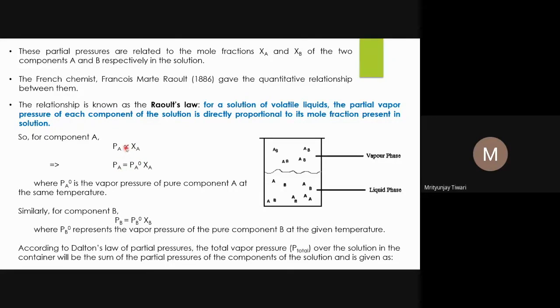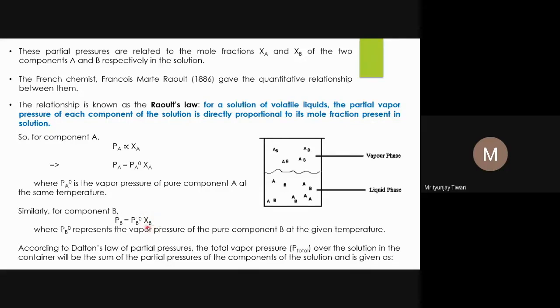This means that PA, the partial pressure of A, is equal to a proportionality constant times the mole fraction of A in the solution phase. Similarly, for the other component, the partial pressure of B will be equal to, as per this same equation, P naught B into XB.